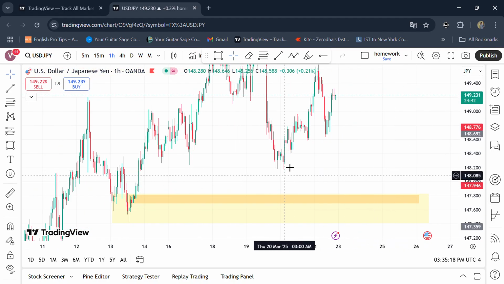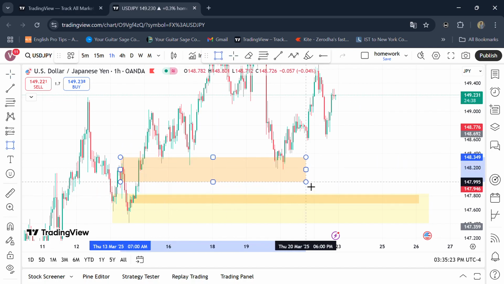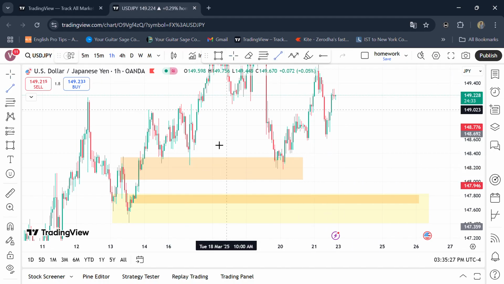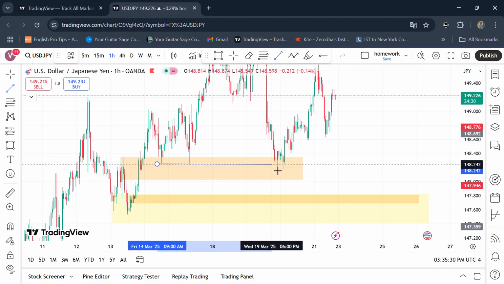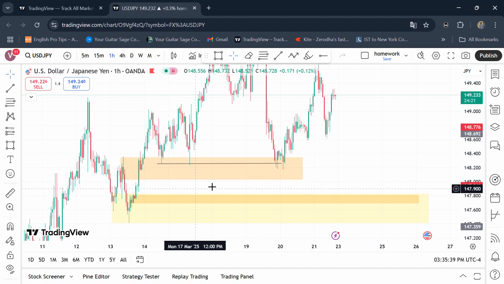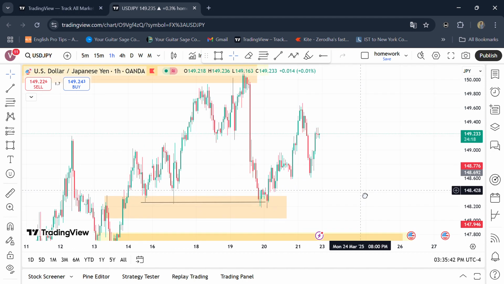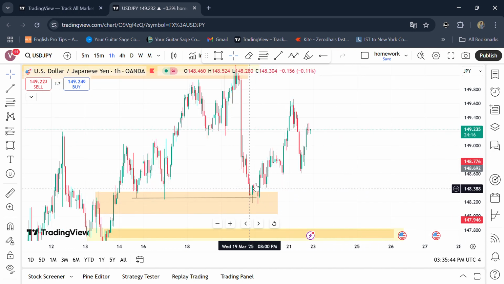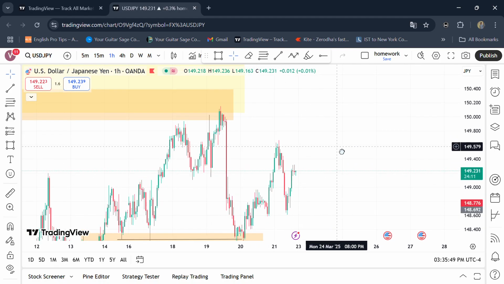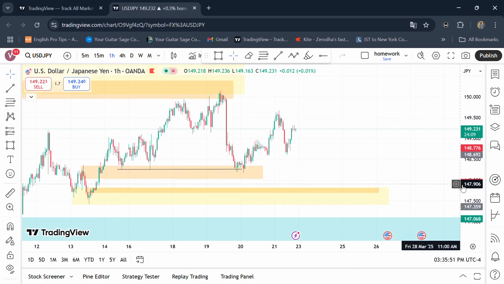It got obstructed by something, and it was this 1 hour mitigation block, and also these liquidities, this equal low liquidity. Okay, so it got obstructed.